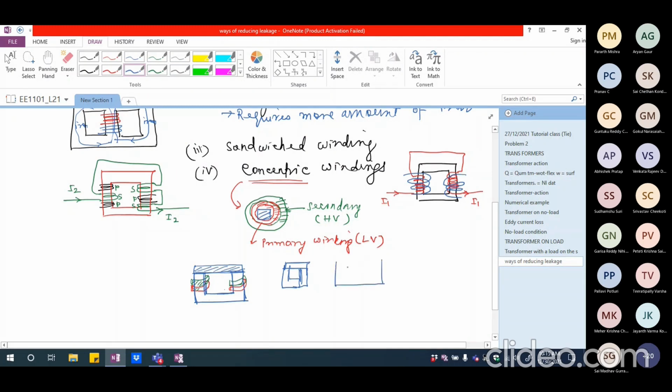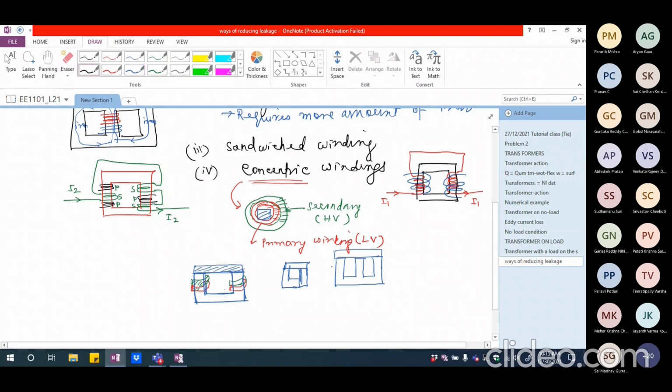So you may have one core having three limbs like this. Okay, so you can have an E-shaped core which will be closed from the top again. So you can have these kinds of constructions possible in the transformer.